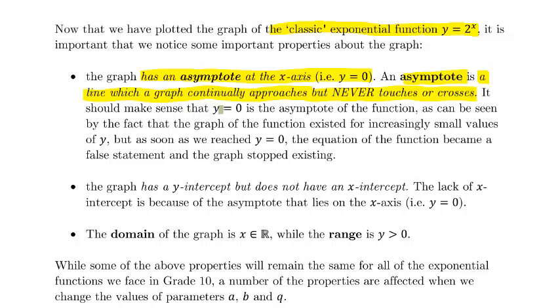It should make sense that y equals 0 is the asymptote of the function, as can be seen by the fact that the graph of the function existed for increasingly small values of y, but as soon as we reached y equals 0, the equation of the function became a false statement and the graph stopped existing.